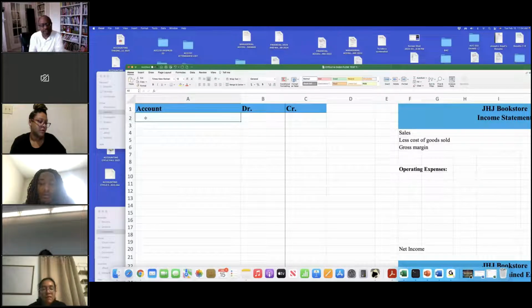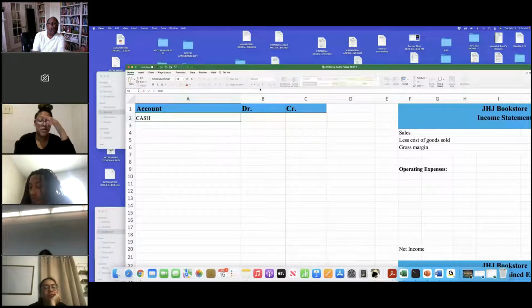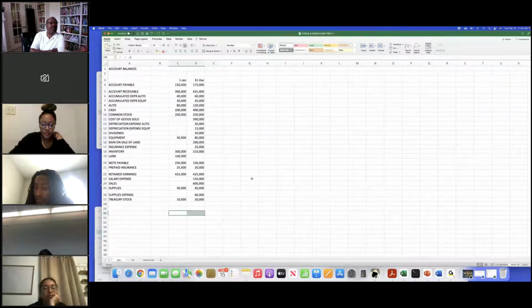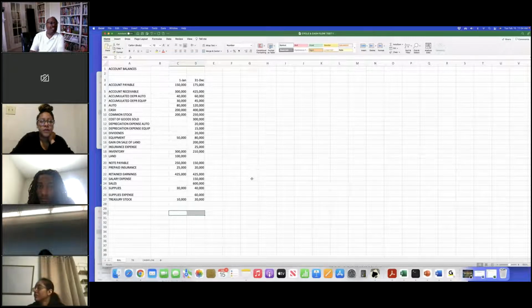So all of you should have your spreadsheets out. What I want you to do is fill in the blanks for cash. Since cash is first, tell me what you would do. Everybody see the numbers? What two numbers do you see by cash? 200,000 and 400,000. All right.